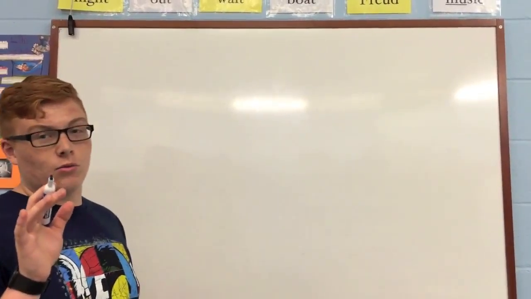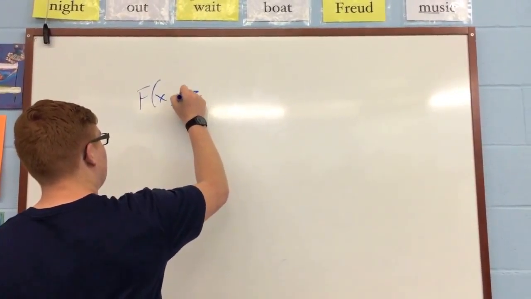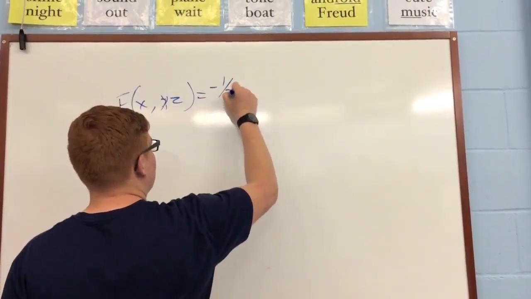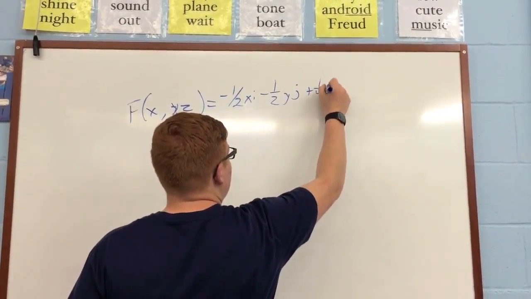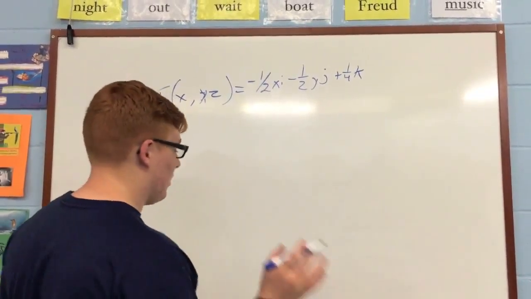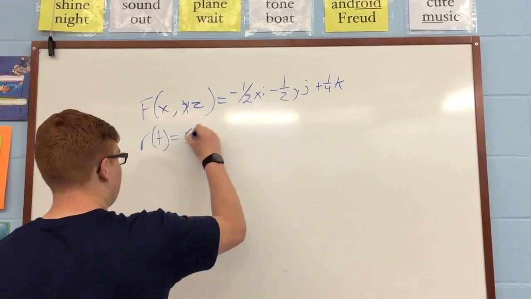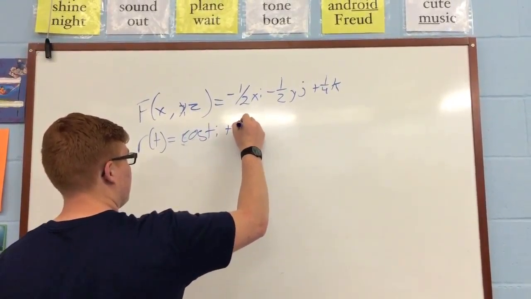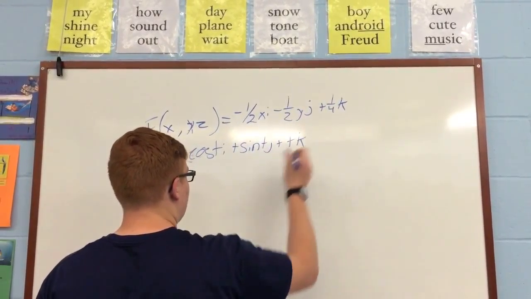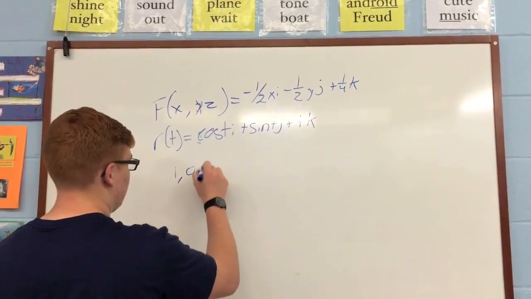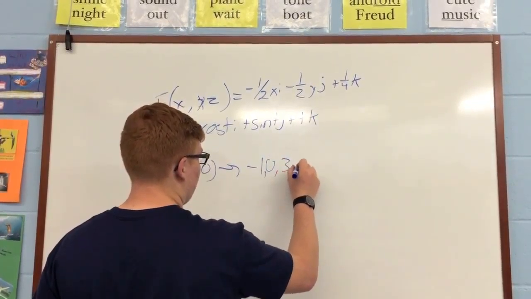Now, let's do an example. So let's imagine that we have to find the work done by a force field on a particle as it moves along the curve, from (1, 0, 0) to (-1, 0, 3 pi).